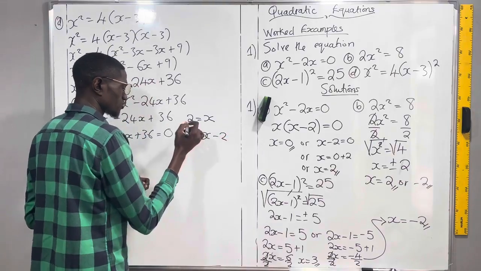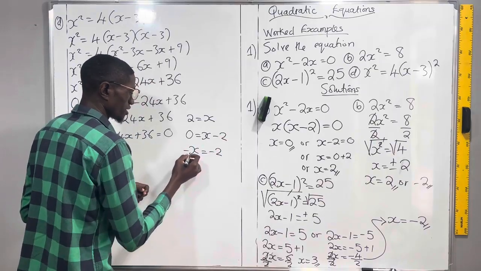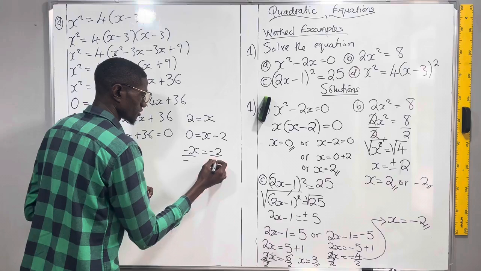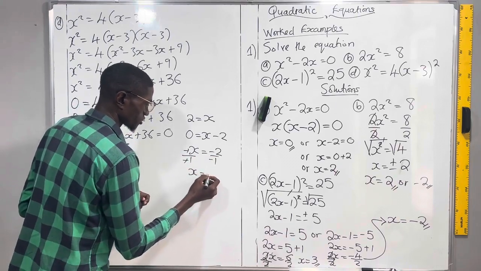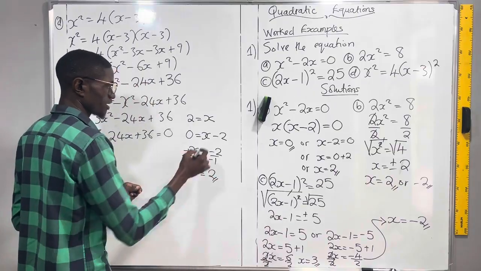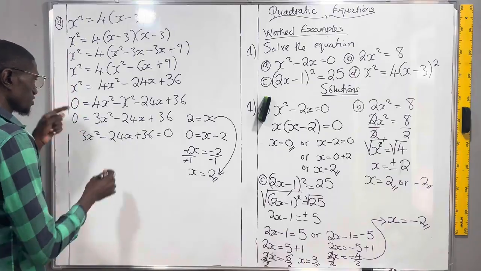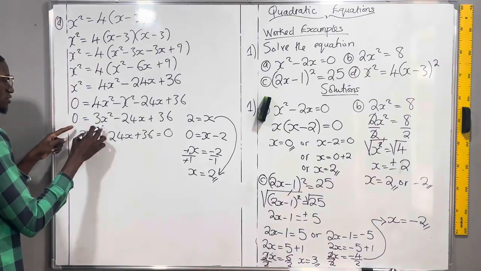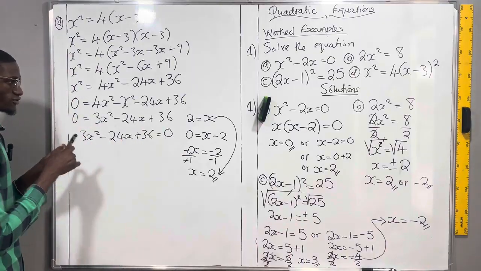And then this x, when it crosses, becomes negative x is equal to negative 2. Then when you divide both sides by negative 1, this will cancel, meaning x will give you positive 2. Therefore, this is the same as that there. So this expression here is the same as what we have there. I hope no one is confused.